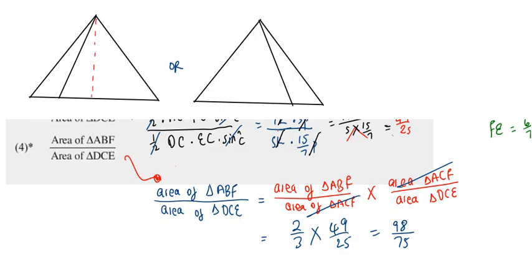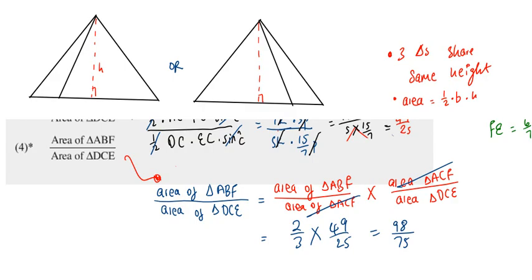Those three triangles share the same height. And because they share the same height, we use the formula area is equal to half base multiplied by height. Then we'll be able to solve problems.